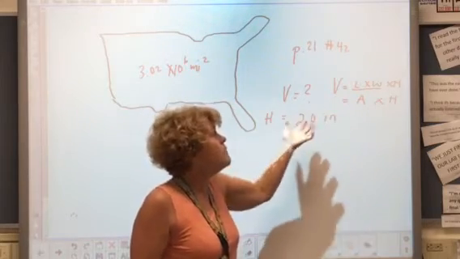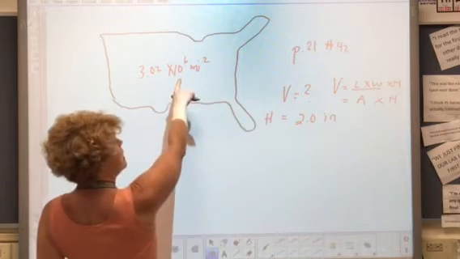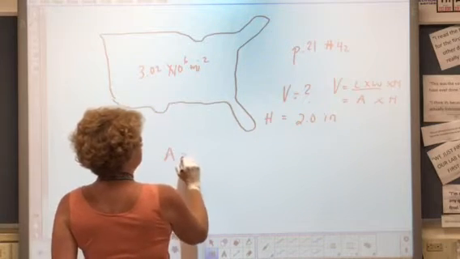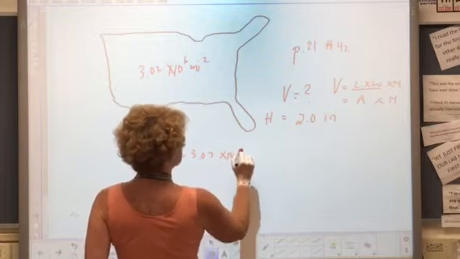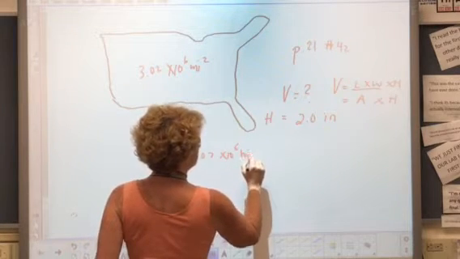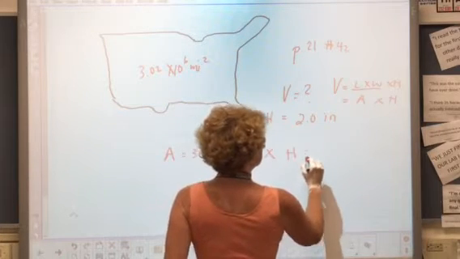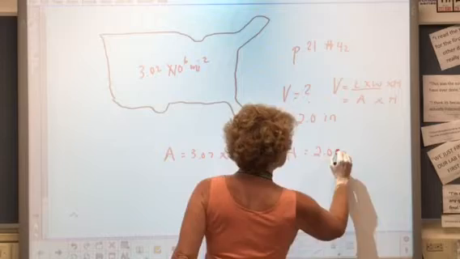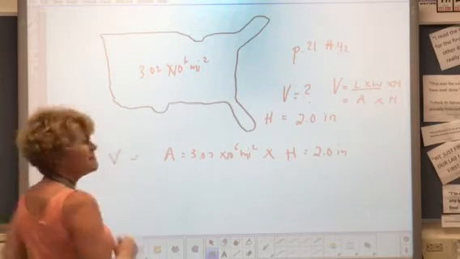Now, the rest of the problem is very straightforward. We have the area, 3.02 times 10 to the 6 miles squared, and the height is 2.0 inches. So if I multiply these two together, I should get the volume?